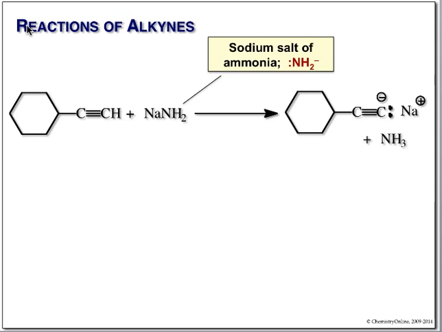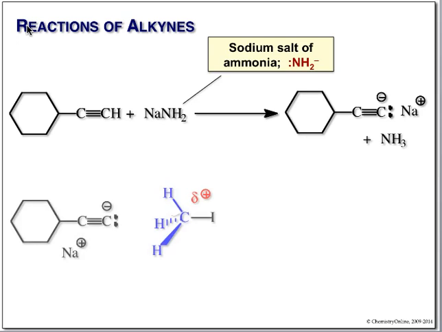So this is actually NH2 minus. Very strong base, pKa of about 25 or so. What this strong base does is simply pull off this acidic hydrogen, and you make the anion. Now, in this reaction, all you're going to do is take this anion and use it as a nucleophile.